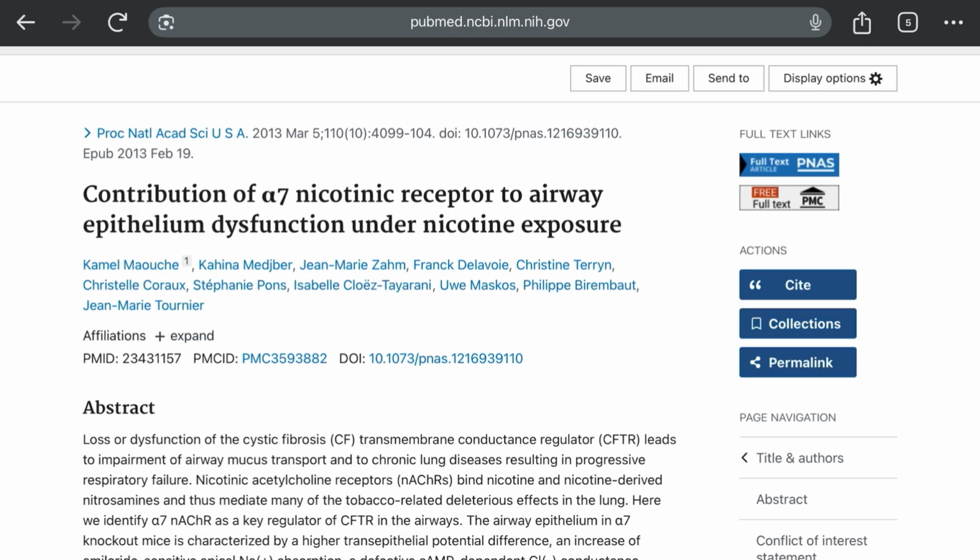Apart from smooth muscle and mucus-producing cells, some researchers have also found the expression of alpha-7 nicotinic receptor in the airway epithelia. I'm talking about all of this in airways just to focus on how harmful cigarette smoking is. Cigarette smoking can activate the nicotinic receptors expressed in different types of cells, in smooth muscles, in mucus-producing cells, in epithelia, which can be very harmful in different aspects.